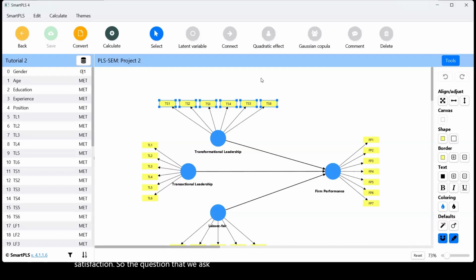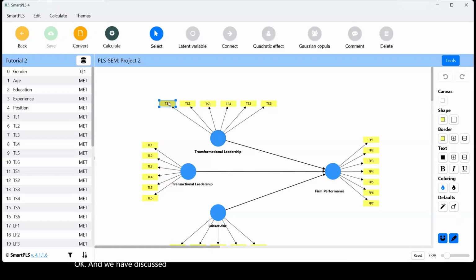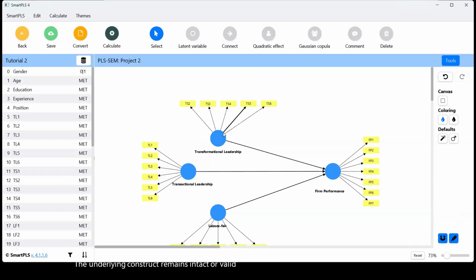The questions we asked them were just indications of their transformational leadership. And we have discussed that even if we delete one item, the underlying construct remains intact or valid, because the statements are just reflections of the construct itself.